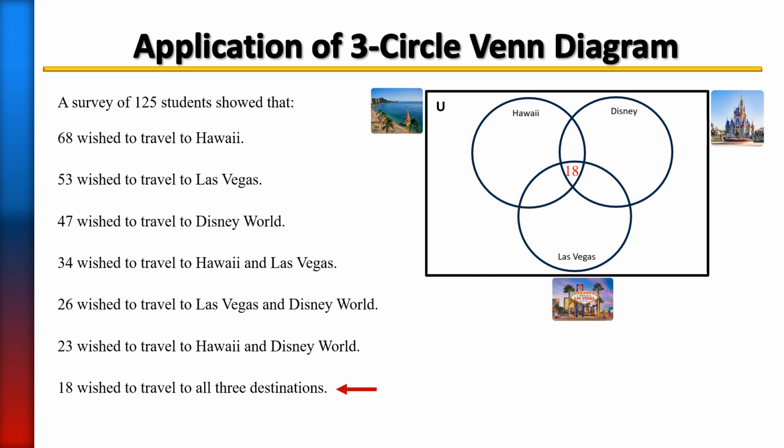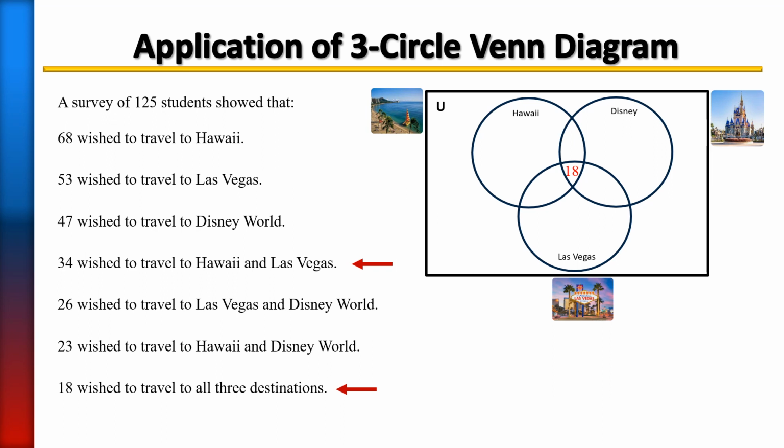So step 2, recall, is to now focus on the two-circle overlaps. So we will be talking about Hawaii and Las Vegas, this region here. And then this region here would be Hawaii and Disney. And then this region over here would be Disney and Las Vegas. Okay, so let's start with moving from top to bottom with the data we're given.